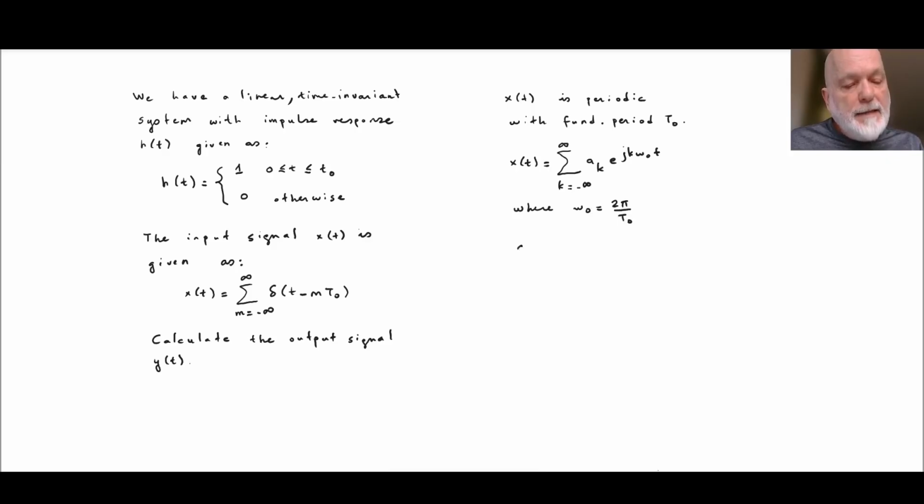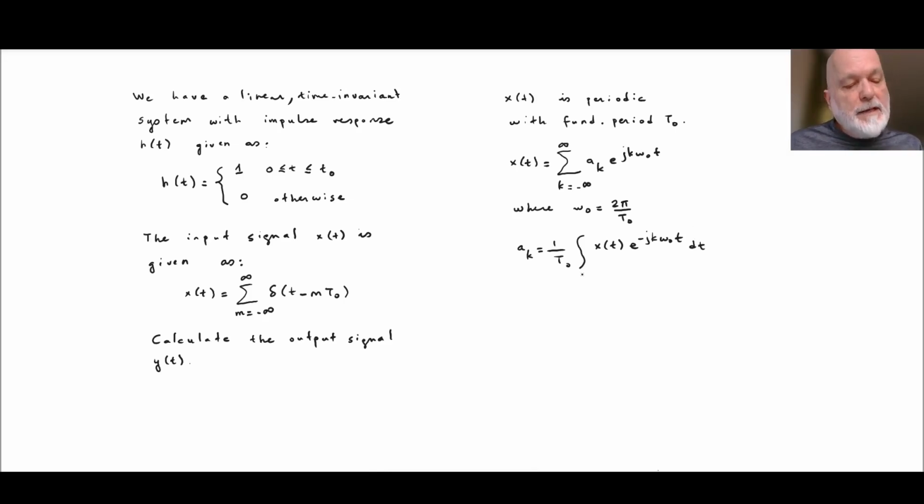Okay, now a k can be calculated as 1 over T0 times the integral of x of t multiplied by e to minus jk omega 0 t with respect to t.